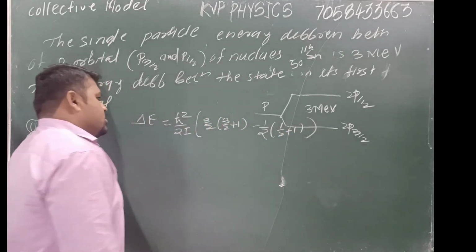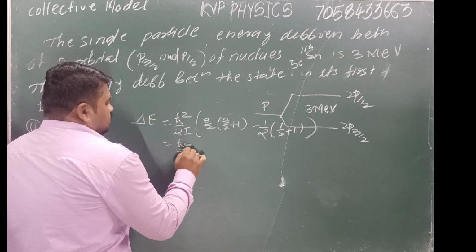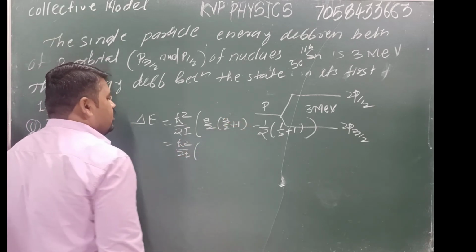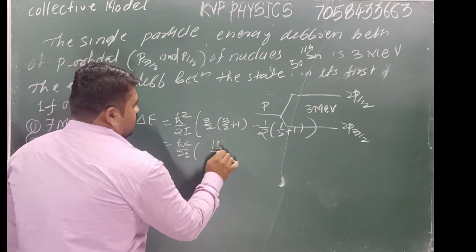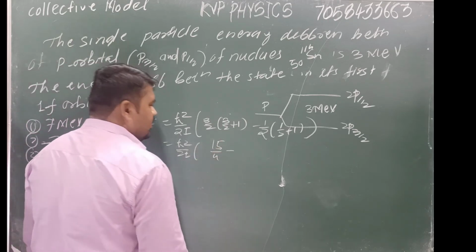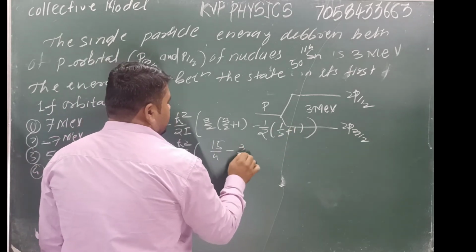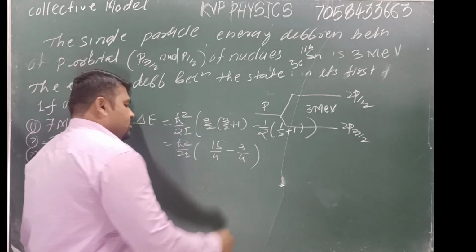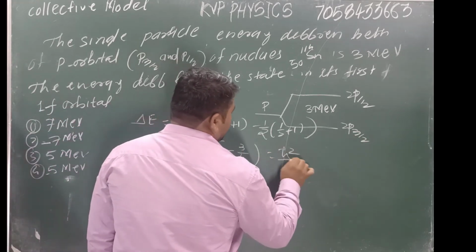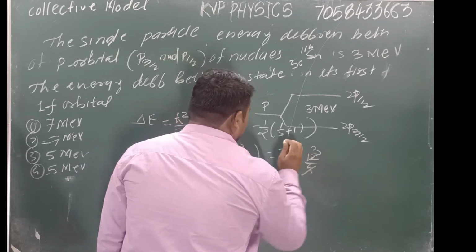Then what is the value of this, equal to ħ²/2I times? 5/2 into 3/2 gives 15/4, minus 1/2 into 3/2 gives 3/4. 15 minus 3 is 12, so this equals ħ²/2I times 12/4, and 12/4 is nothing but 3.